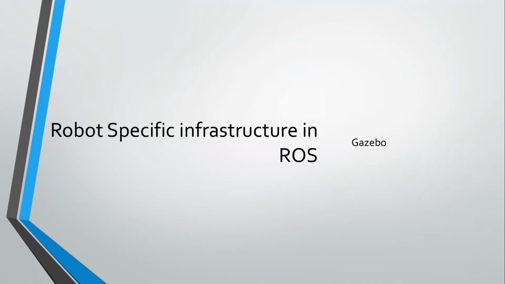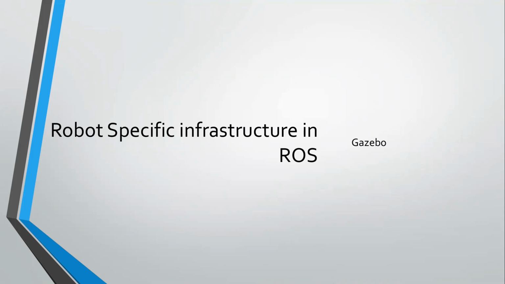Having a physical or real robot is pretty expensive, and if it gets damaged, there are additional issues. So we mainly work with simulations in Gazebo, and there are some other simulators as well. We work with Gazebo, and once we finish all the implementation and testing with Gazebo, only then do we move to the real robot.